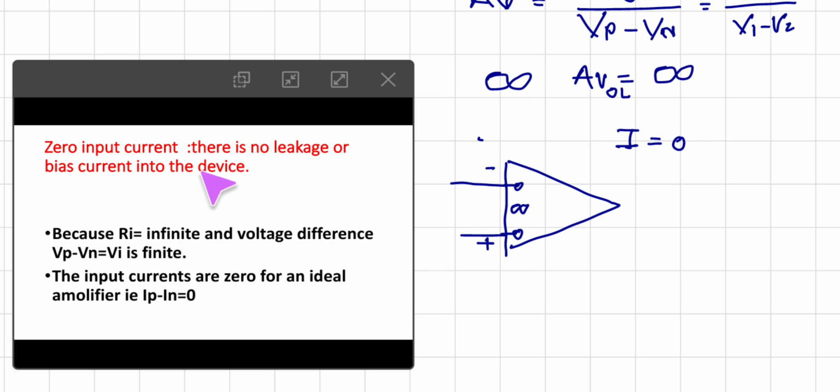So there is no leakage or bias current into the device. That is the most important thing related to ideal operational amplifier. Since Ri is infinite and voltage difference between Vp and Vn is equal to Vi is finite, the input currents are 0 for an ideal operational amplifier. So the input current I is equal to 0.